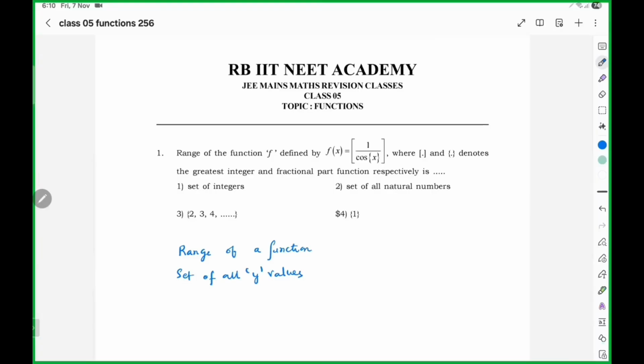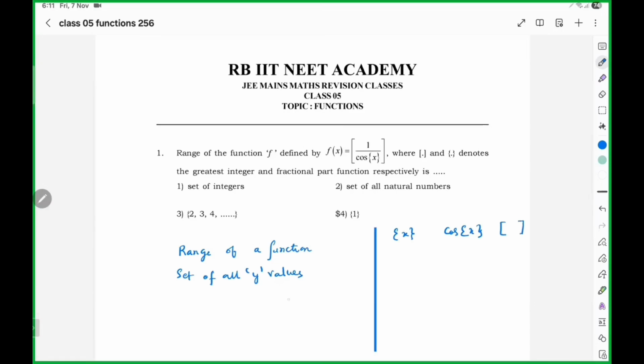Here you have a combination of three different functions. One is the fractional part of x, other is the cos function, other is the step function.